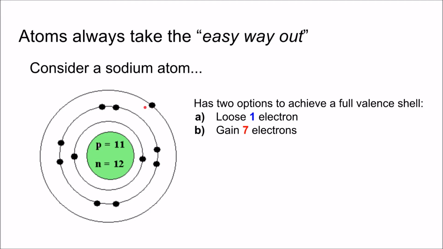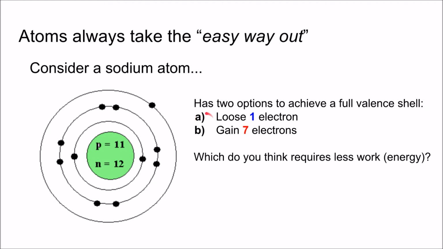So it could either take on 7 or lose 1. So remember that anything we do requires energy and it takes work. So as a student, if you're looking for the easiest way to do something, would you go through the energy of finding and taking on 7 electrons so that you can have a full shell? Or would you just simply remove 1? Well, the option there is pretty obvious.